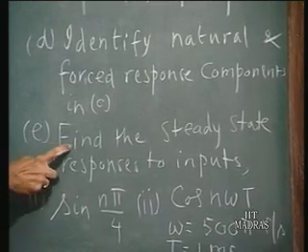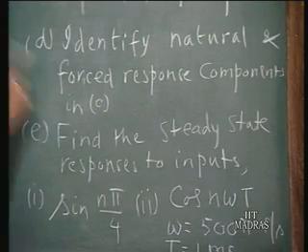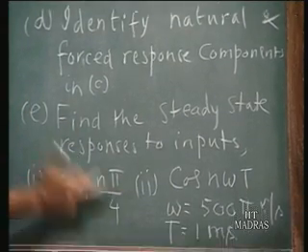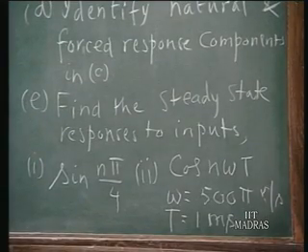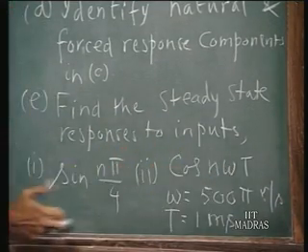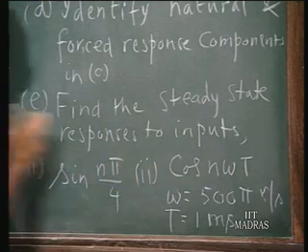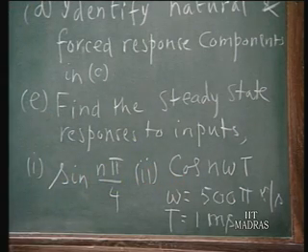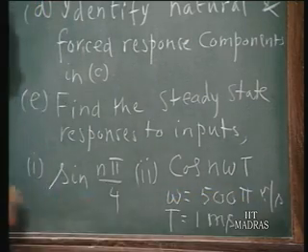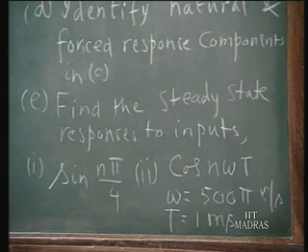E, find the steady state responses to the following inputs of the same system: sin(n pi upon 4) and cos(n omega T), where omega is 500 pi radians per second and T is 1 millisecond.